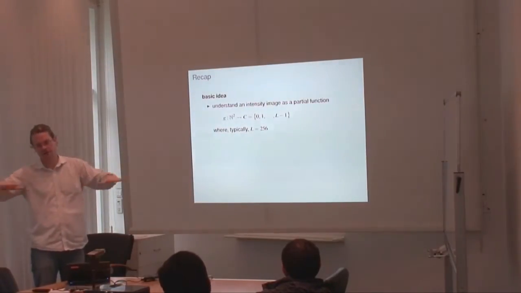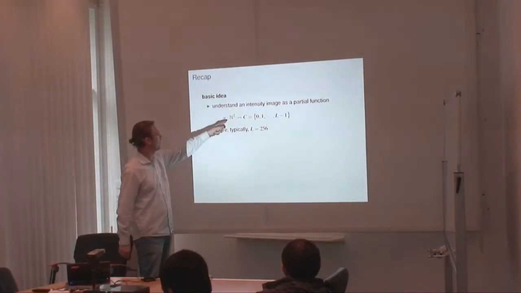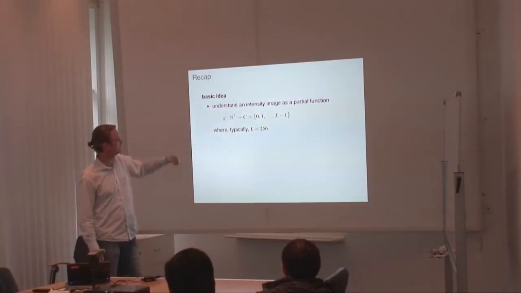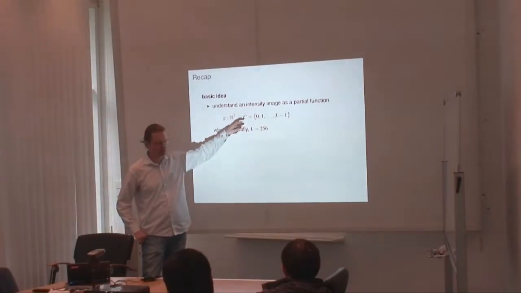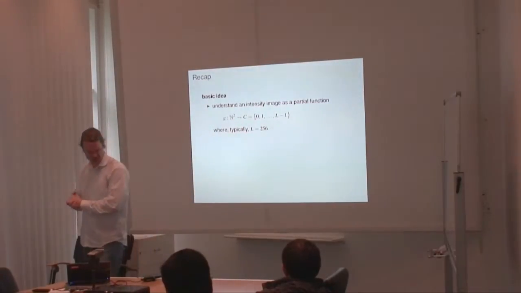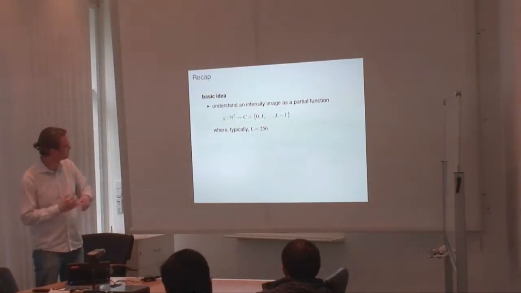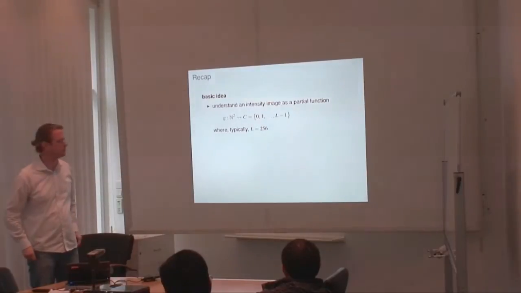So they're defined over a plane, and we only look at discrete coordinates, so we can understand it as a function from N squared, N indicating the natural numbers, to a set C, which is an unfortunate name clash with the covariance matrix, but this has nothing to do with the covariance matrix. C is color here.